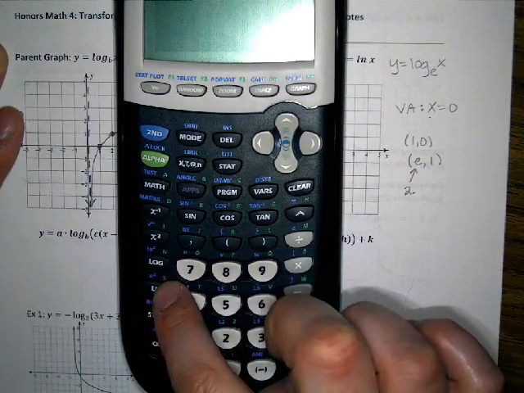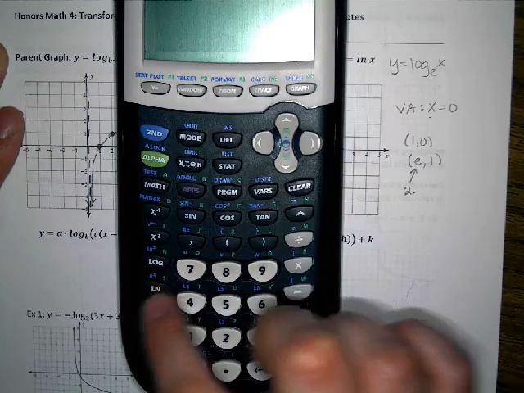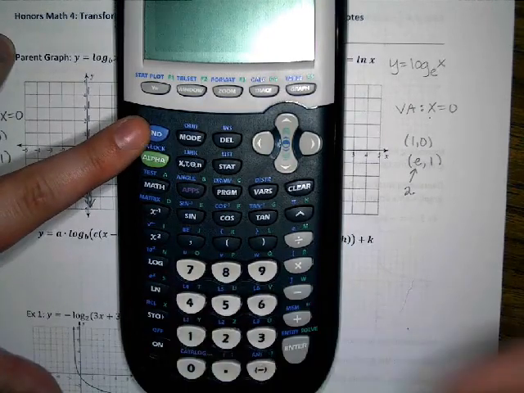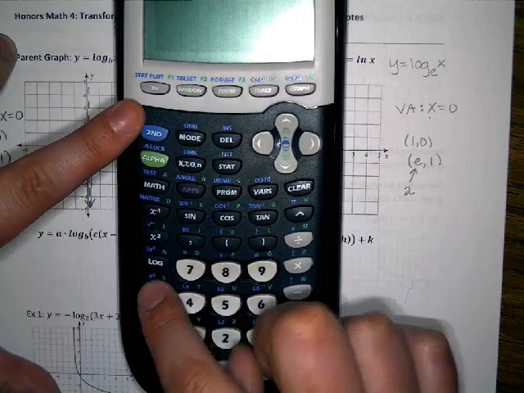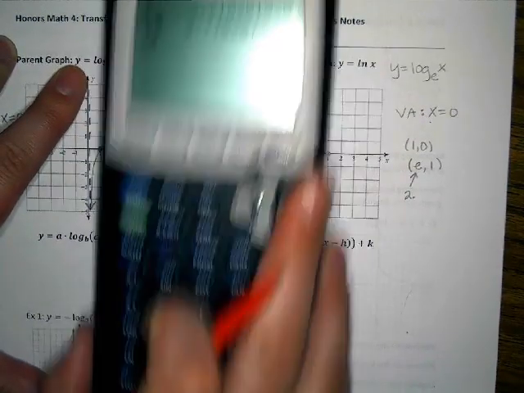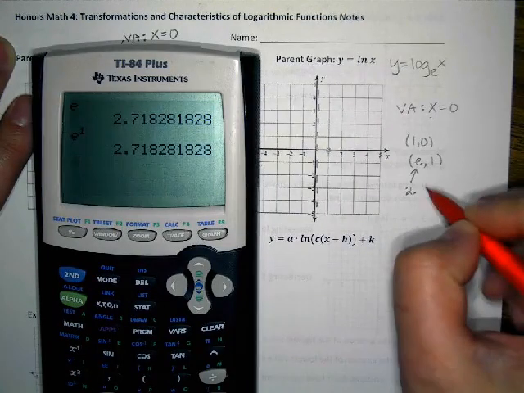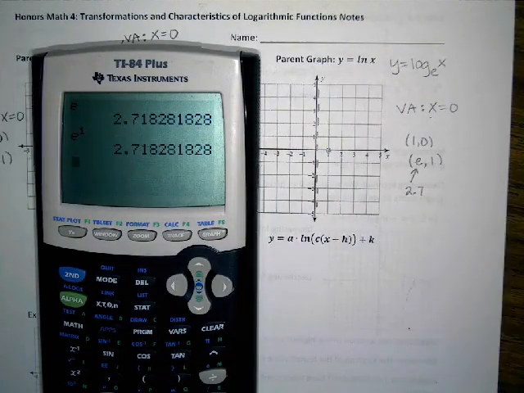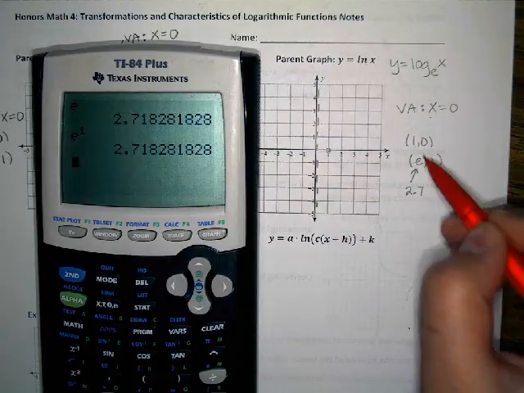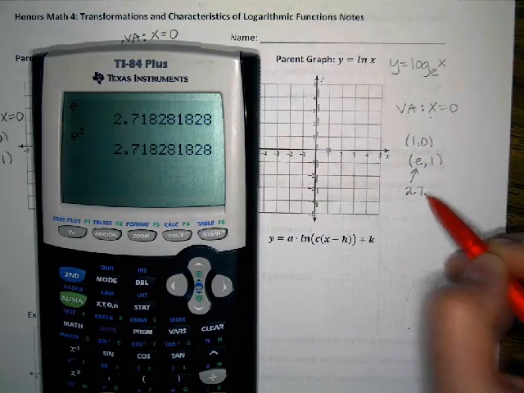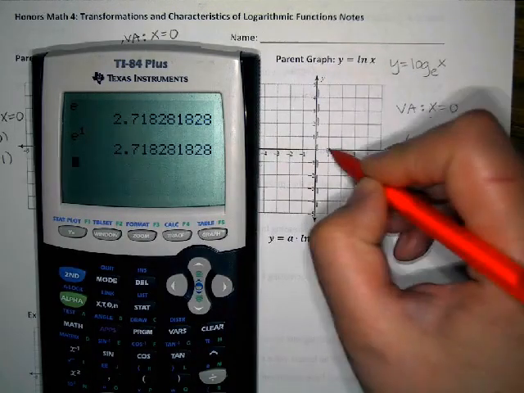This allows you to do E to any exponent, because we typically want E to an exponent. And if I just want a regular E, then I would want E to the first power. So 2.718, and I'll just do 2.7 because that'll be easiest for me to graph. So I'm going to get the 0.10 and then the 2.7, 1. So over 2.7 up 1.